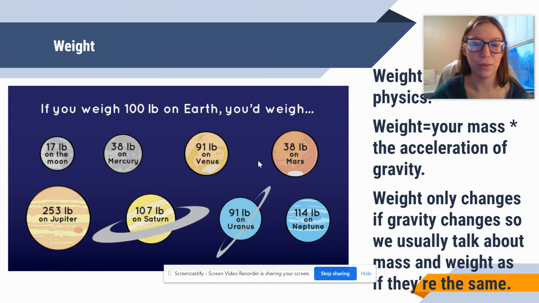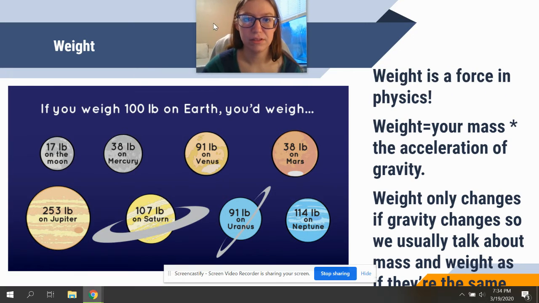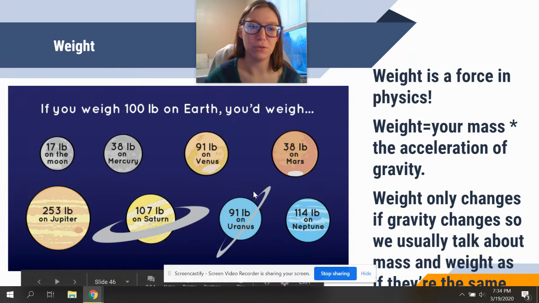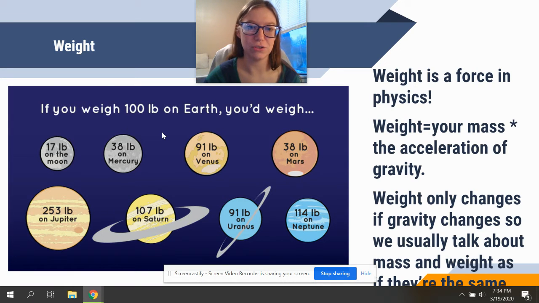Okay, so your weight on other planets. If you weighed 100 pounds on Earth, then this is what you would weigh on other planets, and that is because of the different accelerations due to gravity on those planets. And that acceleration of gravity is caused by how massive those planets are.